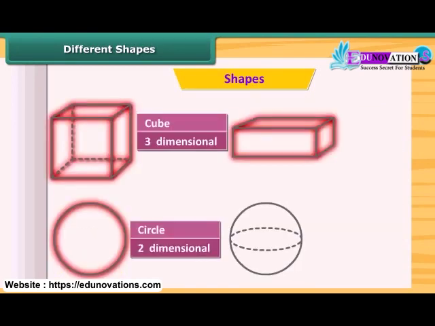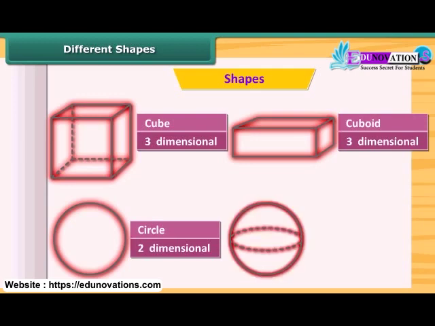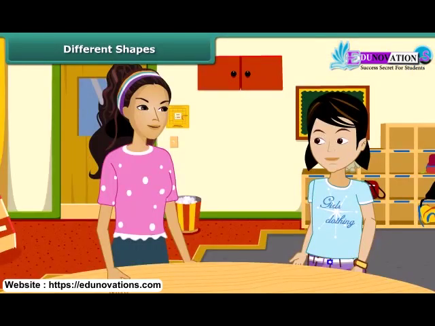This is a cuboid and is three-dimensional. And is this a sphere? Yes, this is a sphere and is three-dimensional. Wow, Rita, you are learning so fast. Tell me more about these shapes. Come.